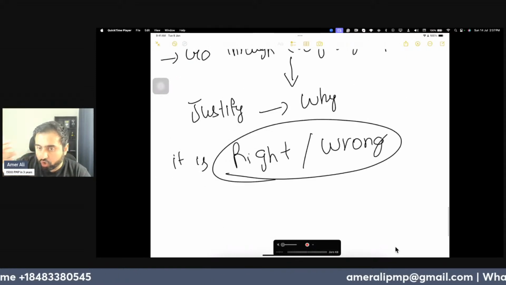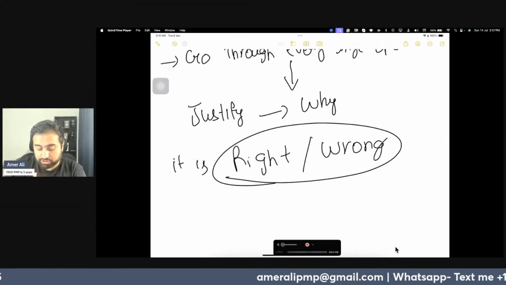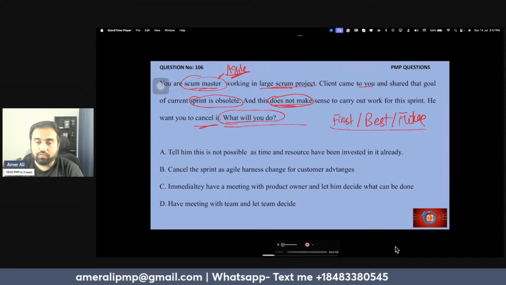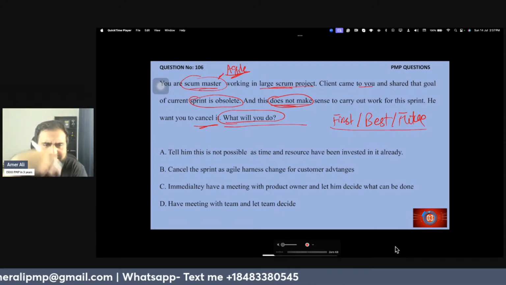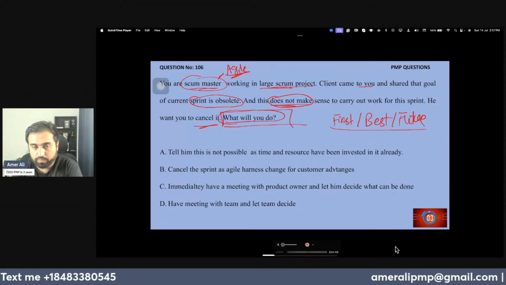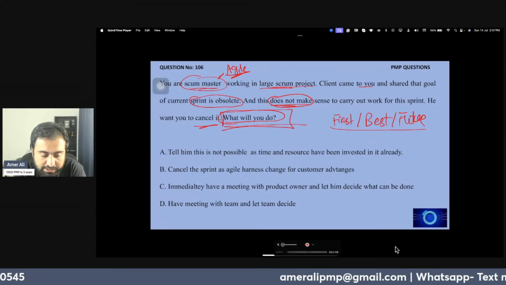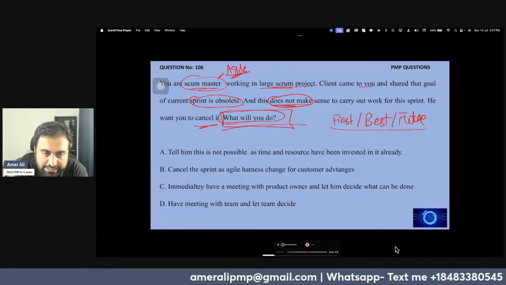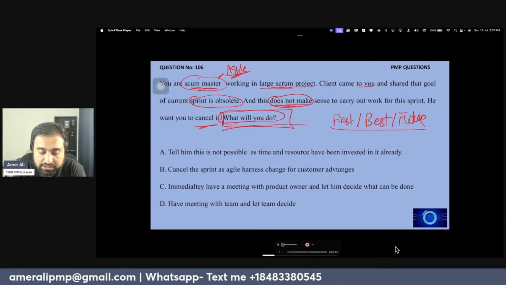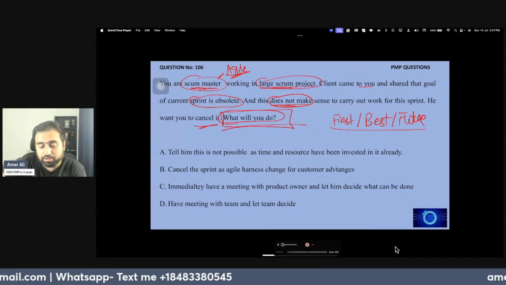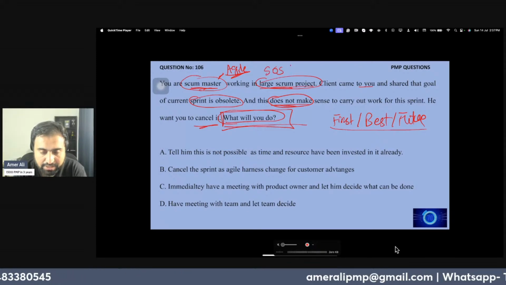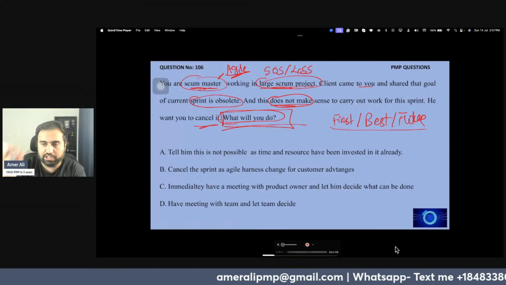Let's go and do the question in action. So let's do this question now with the elimination technique, with all the 7 steps. What will you do? You are a Scrum Master. So now I know this is an Agile question. I highlighted it. Working in a large Scrum project. Scrum is a big project, maybe Scrum of Scrums or large scale Scrum, but it's Agile.